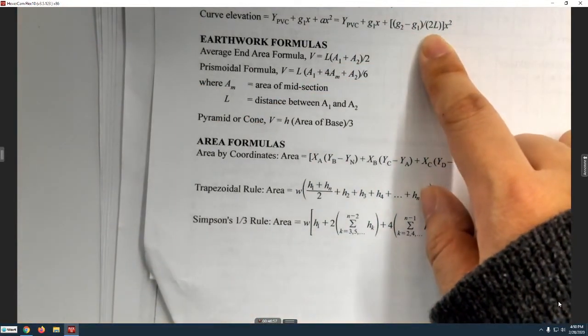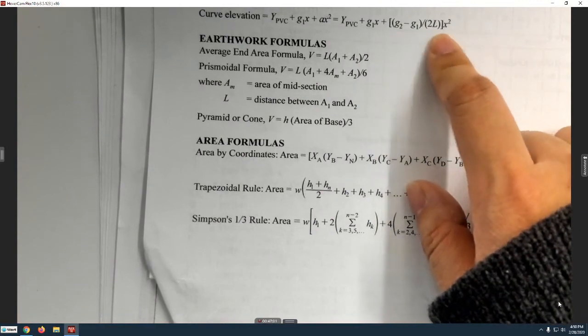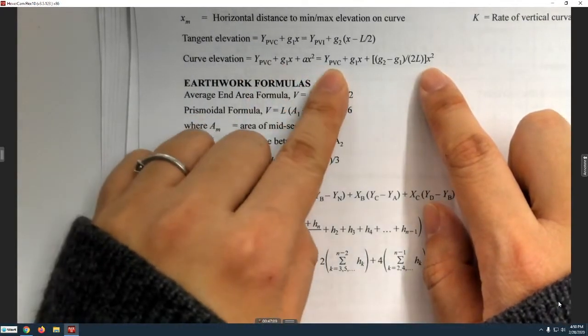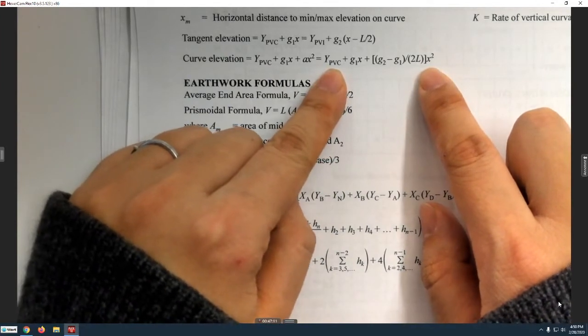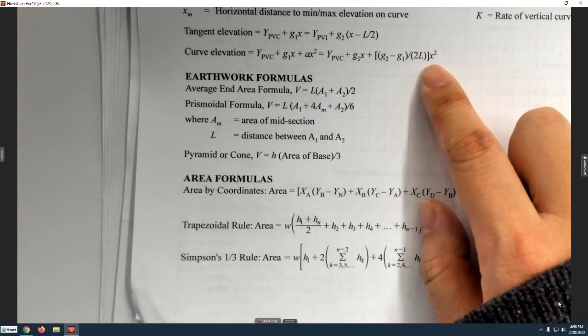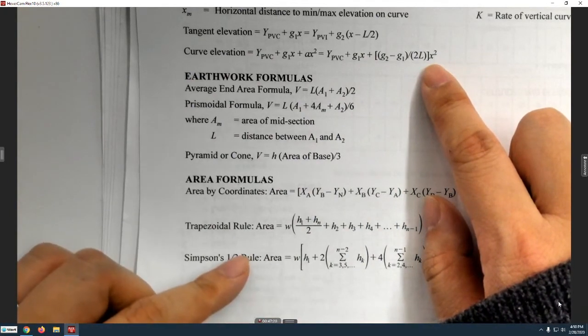L is given. Right? And then G1, G2 are given. So all we need to know, number one, is Y elevation of PVC, and then also X of the lowest point. So Y of PVC, elevation of PVC, how can we get that?